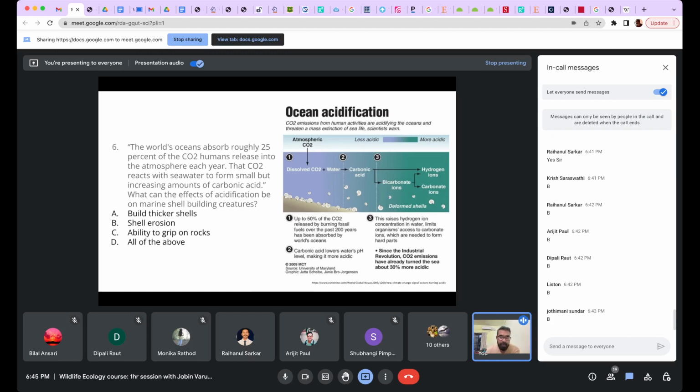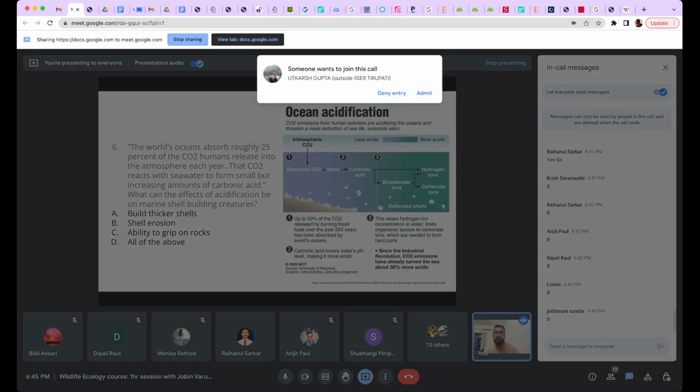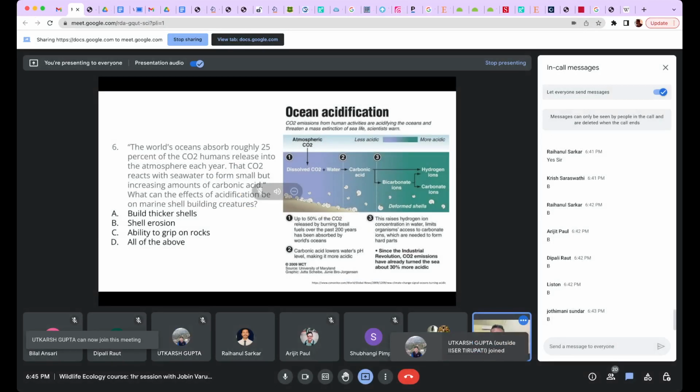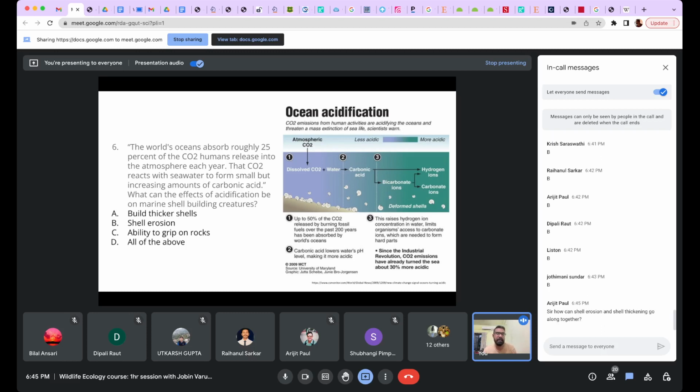When the experiments were done, it was found that shell erosion happens for certain species, but certain species, because of high acidity, build thicker shells, so that even with the erosion happening, the amount of shell that eventually gets eroded is more or less the same amount that they are used to.